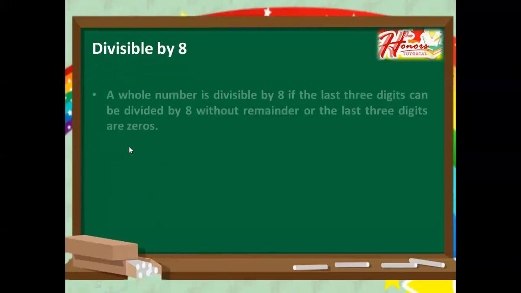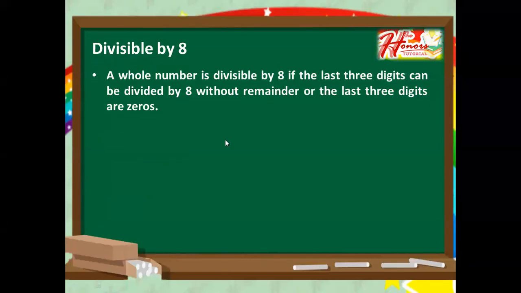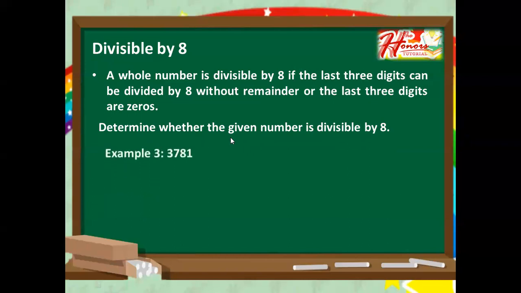Next, we have here 3781. Kindly focus on the last three digits of it, and that is 781. And what you are going to do next is to divide 781 by 8. So what's the answer?